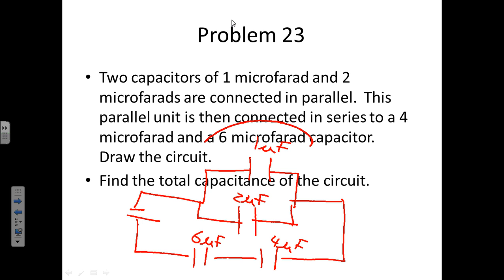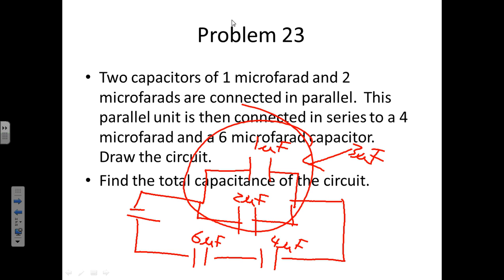So if they're hooked in parallel, what do you do to find parallel resistance? Add them up. So the capacitance of this whole parallel piece is just 2 plus 1, 3 microfarads. And just like we do in regular circuits with resistors, we're now going to think of that like what? The circled part. Yeah, we're going to think of it as one series capacitor, right?